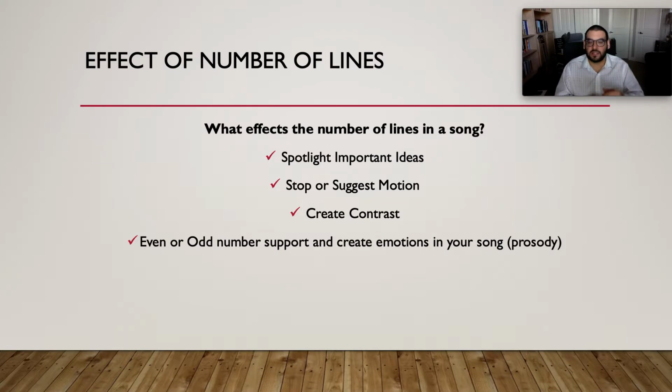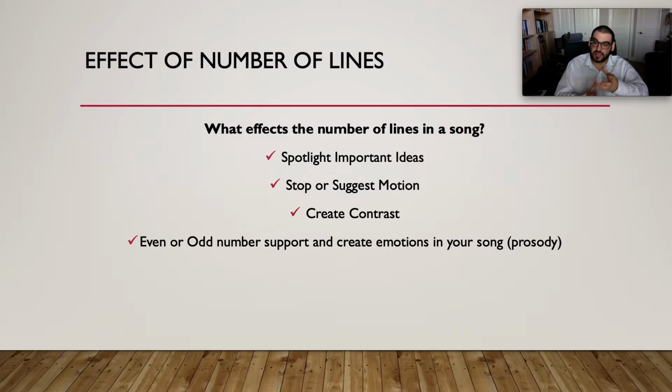So what affects the number of lines in a song? Remember these four things. These four things are really important. The number of lines in a song can spotlight important ideas. It can give this forward motion or stop motion. It can create contrast: 4 lines versus 2 lines, 3 lines versus 5 lines.